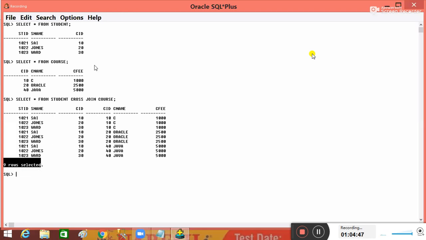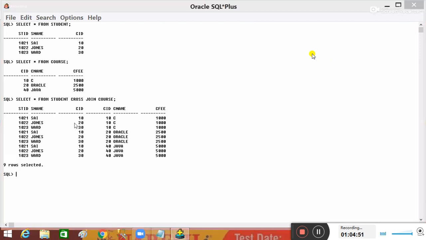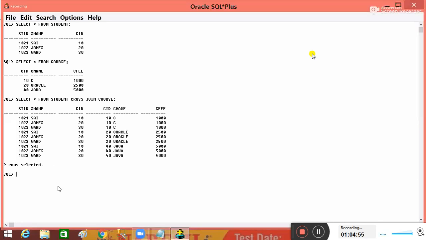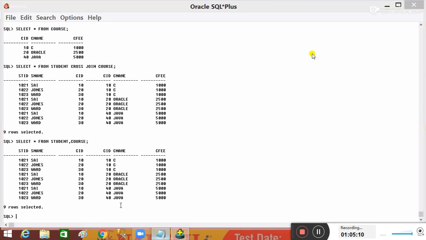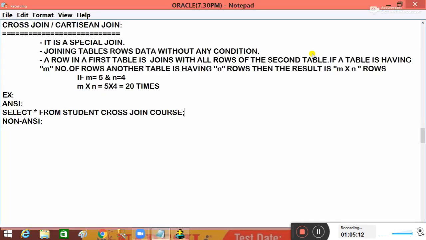This is what we call ANSI, because we are using the join keyword. For non-ANSI, select star from student, comma, course gives the same output.